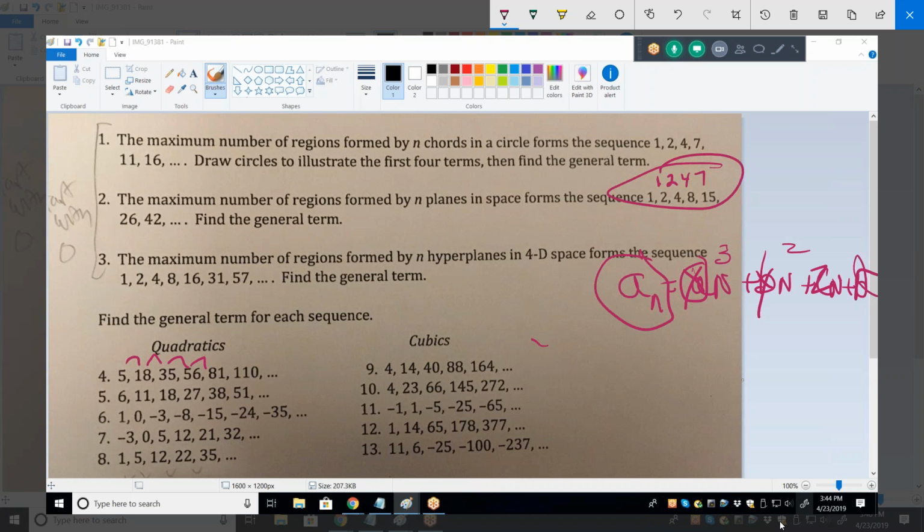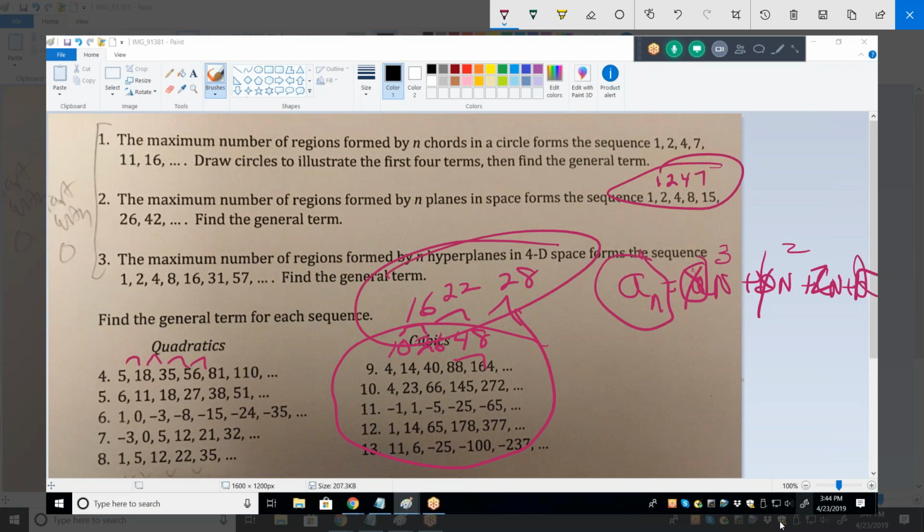Over here, if we take the difference, you'll notice we get 10, 26, 48. Well, now you have to take the difference again to realize you get 16, 22, and I'll bet the next one is 28. In other words, this has to be quadratic.